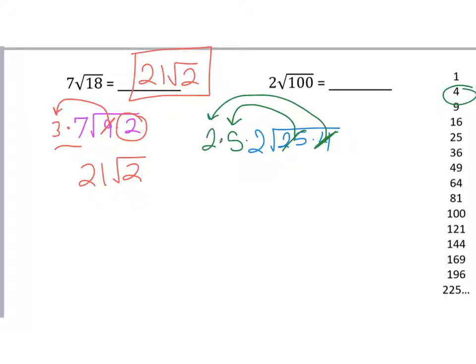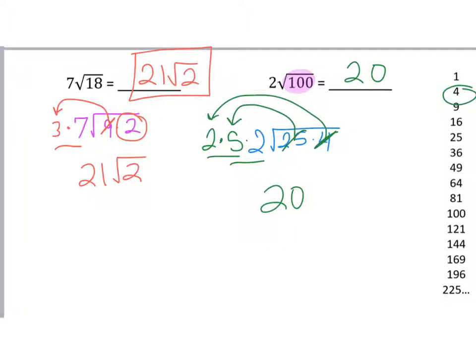So it also gets multiplied. What's 2 times 5? 10. Times 2. 20. And there's nothing left under my square root, so that's just my answer. Now, we made that a lot harder than it needed to be because 100 is already a perfect square. The square root of 100 is what? 10. So you could have just done 2 times 10.